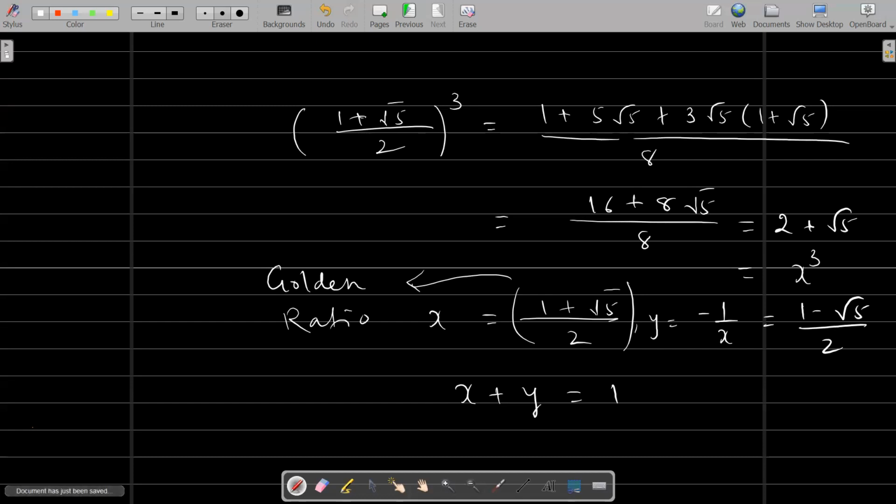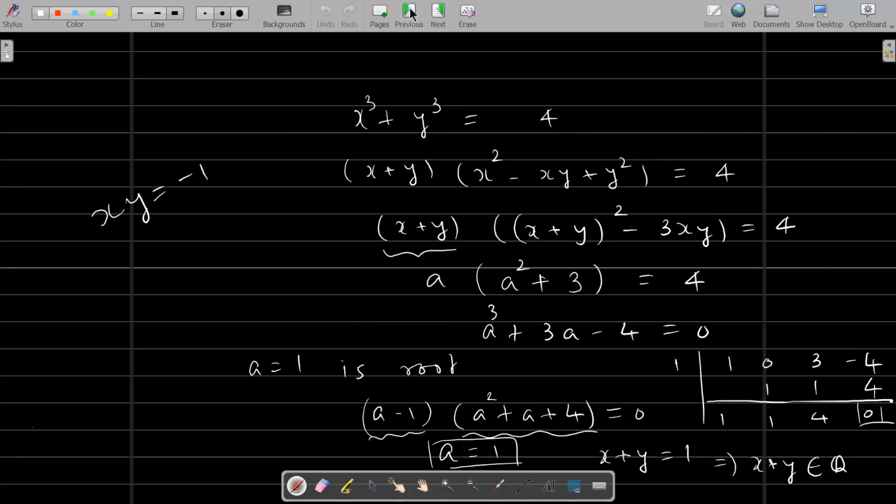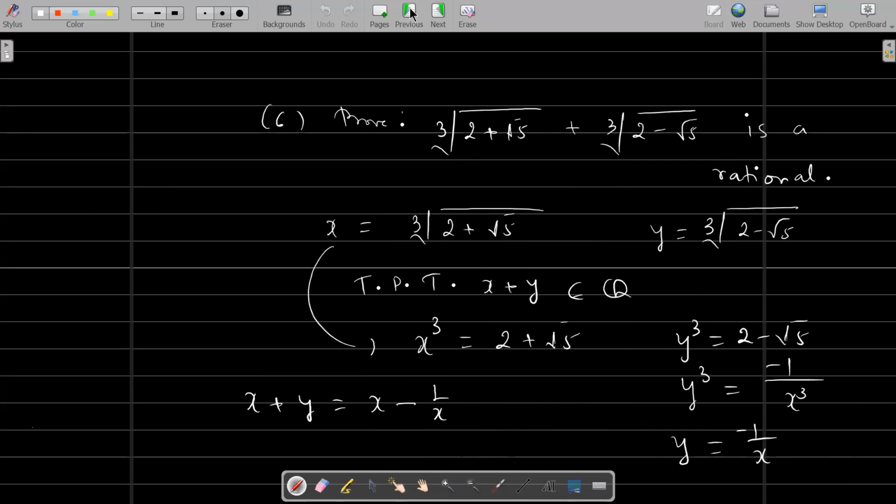Yeah, anybody has any simpler way? Okay, so the idea is you call one number x, the other number y, and we have to show that x plus y is rational.